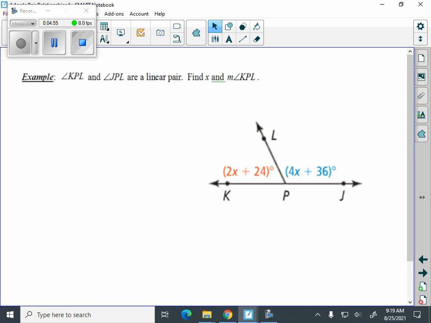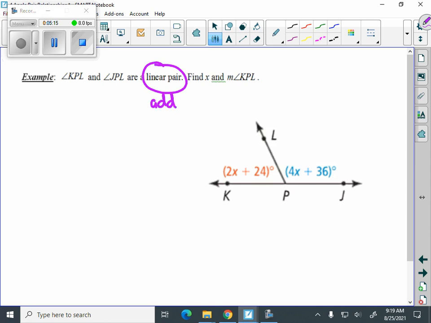We don't even have to label. It's drawn for us. It's labeled. Linear pairs, again, are side by side. So KPL is beside JPL. And what we know about linear pairs is that these add to 180 degrees.